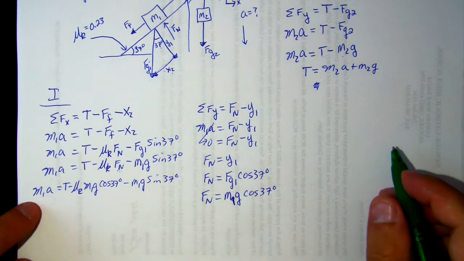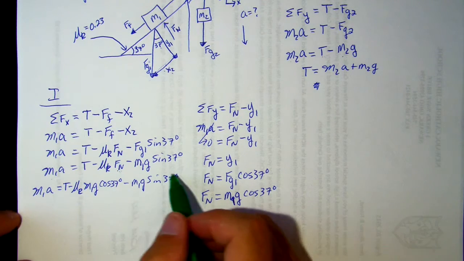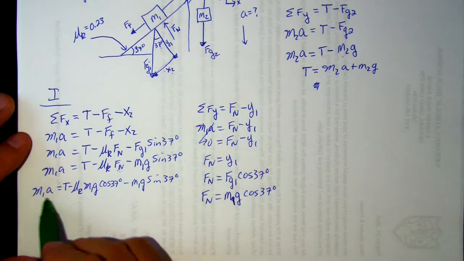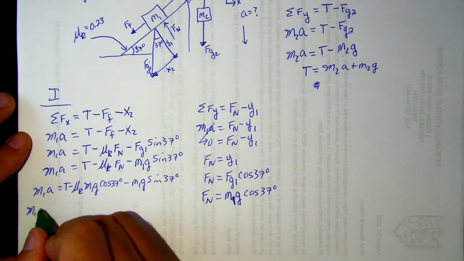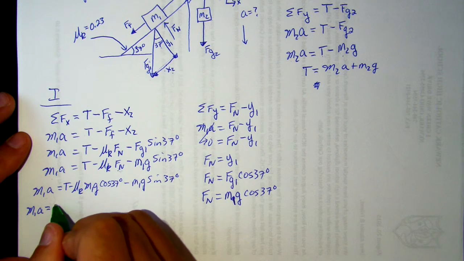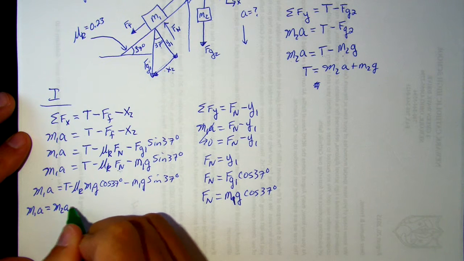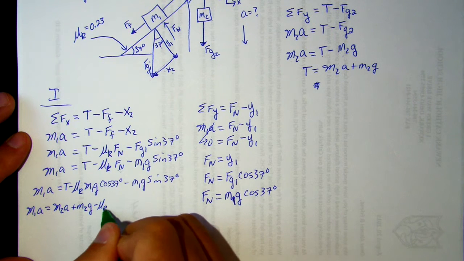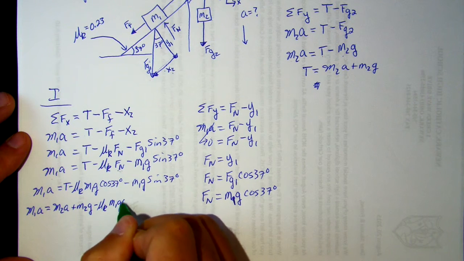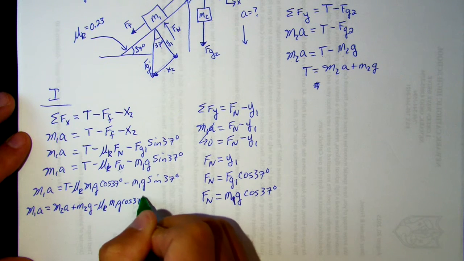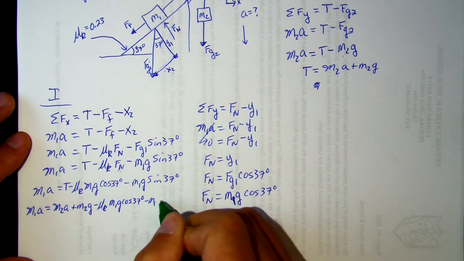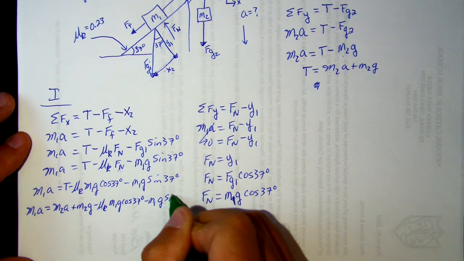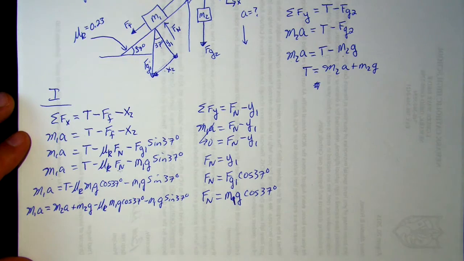Now I'm going to bring this, actually, I'll write one more time here. So m1a equals m2a plus m2g minus mu k m1g cosine of 37 degrees minus m1g sine of 37 degrees.